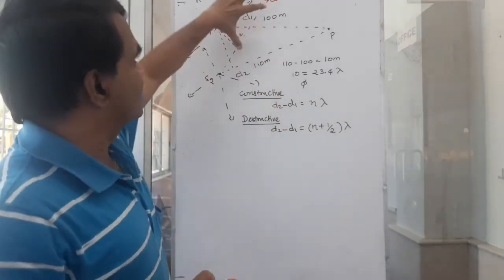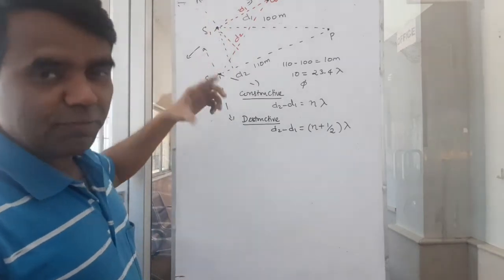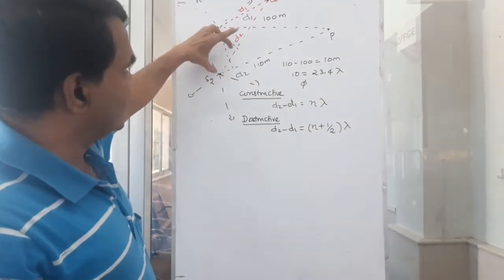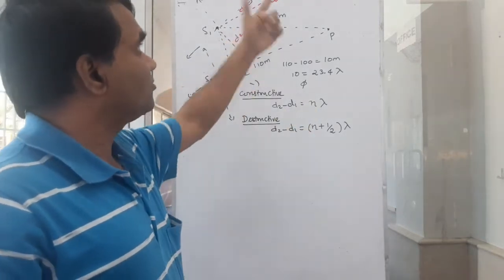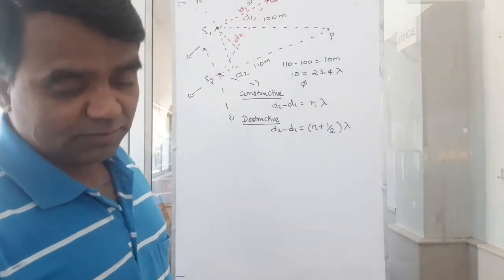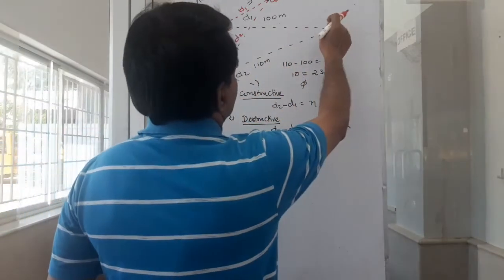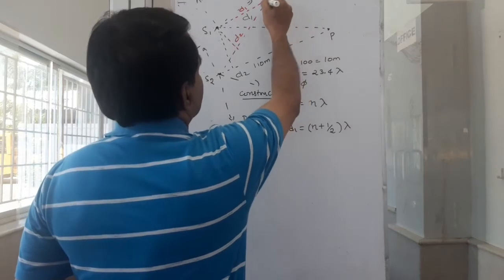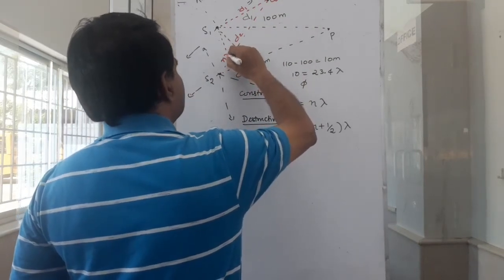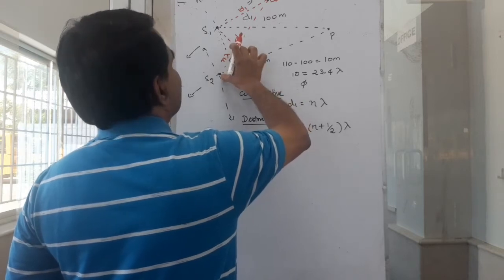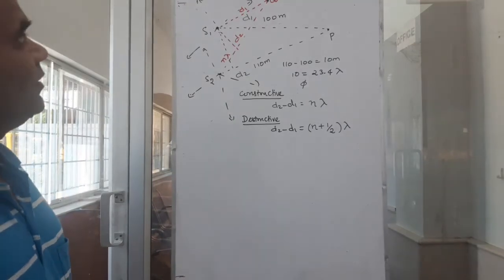This length will be the path difference, and you need to see how many lambdas it can accommodate, and then take the fraction, to find out what's going to happen here. So maybe if this length is going to be n lambda, then you will have constructive interference there.